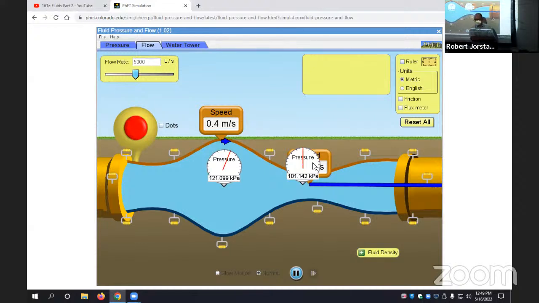Notice when the fluid is going quickly in the tube, what happens to the pressure? It reduces. I like to think of it this way. The fluid is coming in. You only have so much pressure to go around. If you increase the dynamic pressure by increasing the speed, you must decrease the static pressure and vice versa. Does that make sense?